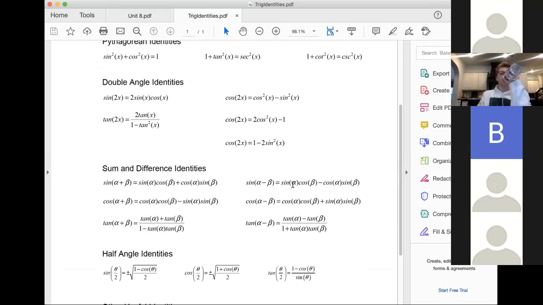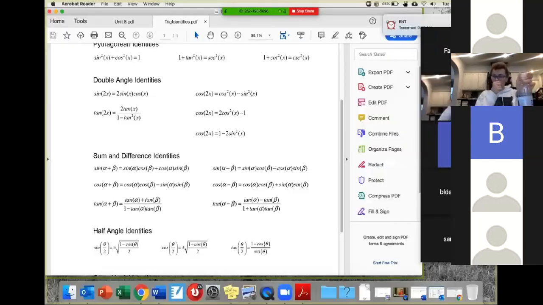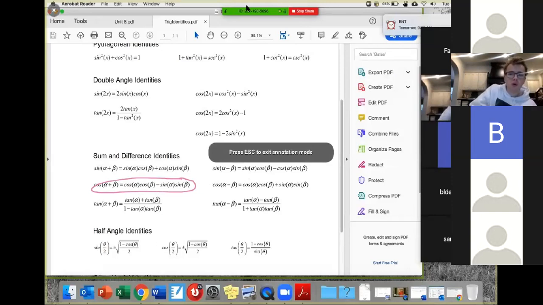So when I go to do the alpha and beta or the A and B, I'm not worried about the negatives there. I'm just worried about whatever the exact values are. So basically what we're seeing there, because it was a cosine with a plus, I'm going to go ahead and use this formula here to expand this. These always look a little bit messier before they look nicer, just FYI.